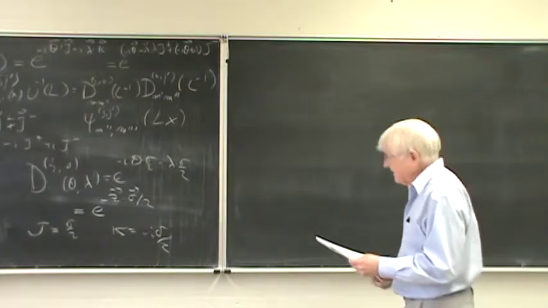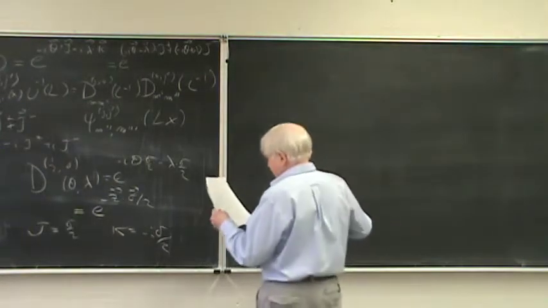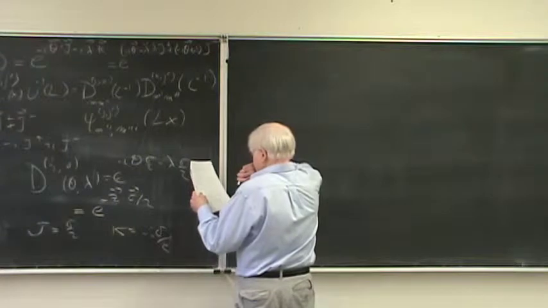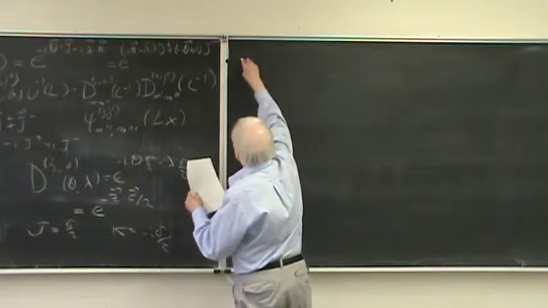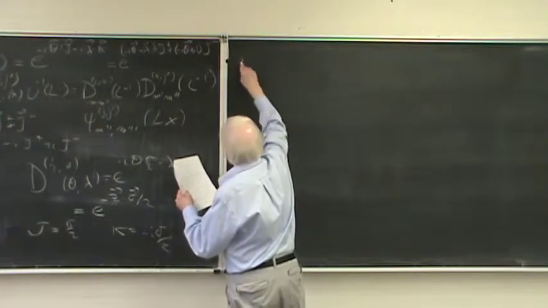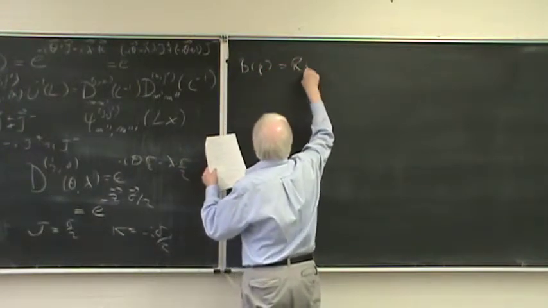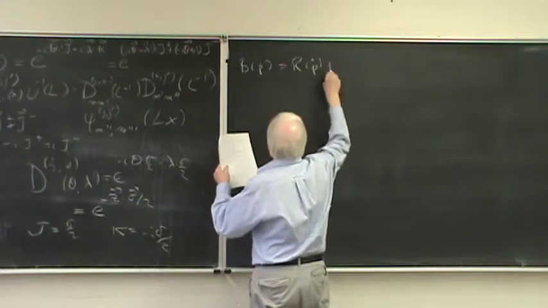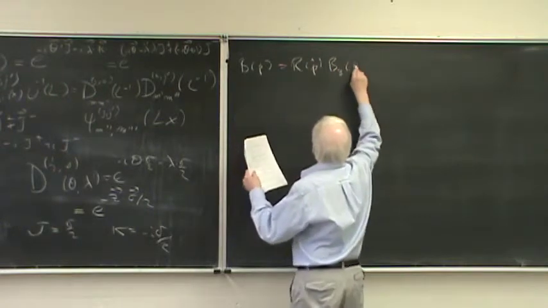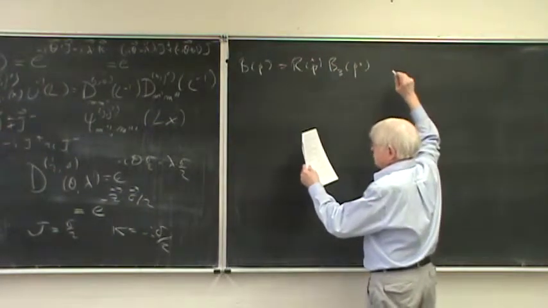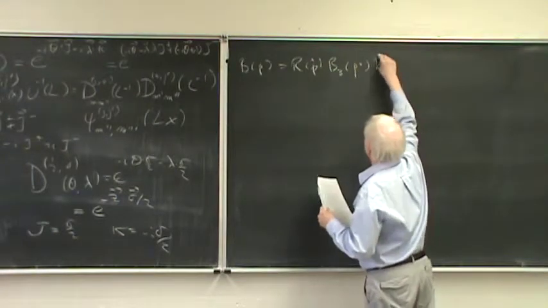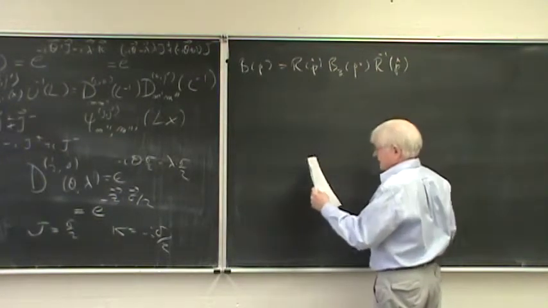As I said last time, the standard boost that takes us to P is R of P hat, a boost in the three-direction with energy P0, and then an R inverse of P hat.